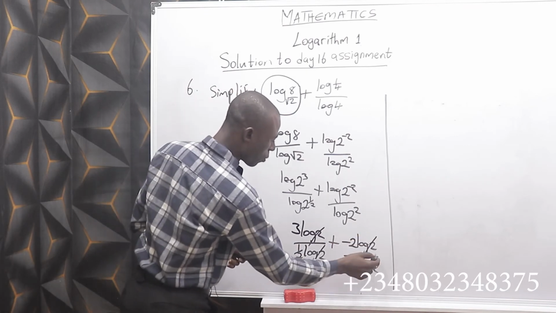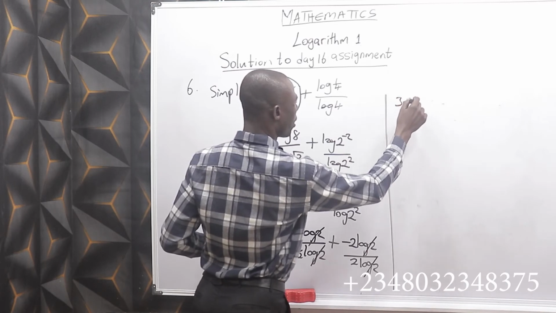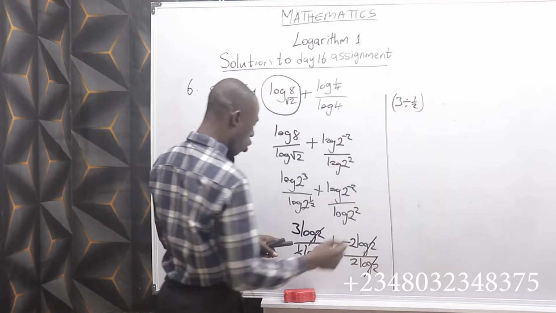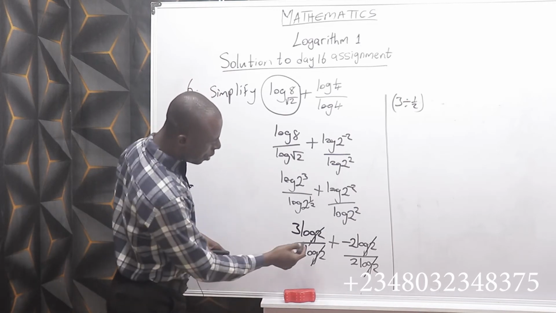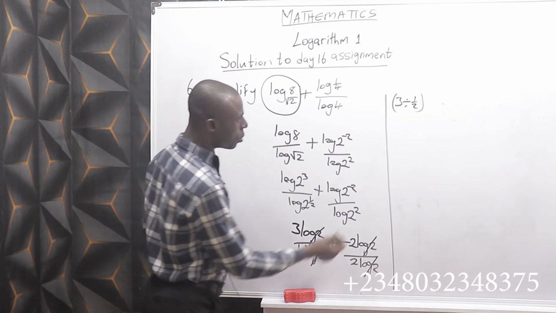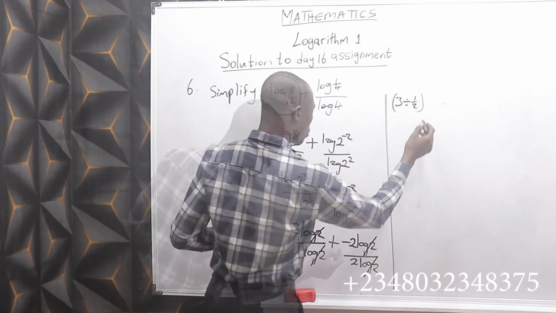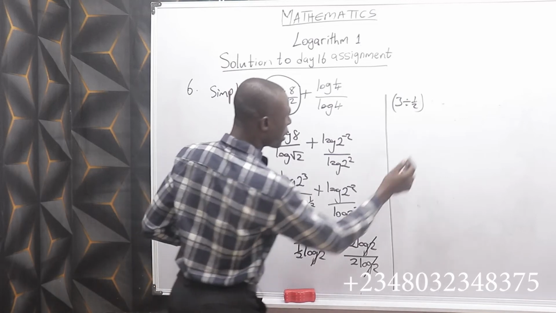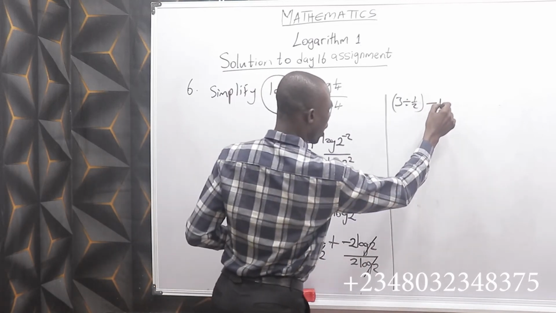Log 2 also takes care of log 2 here. So here we have 3 divided by half. I hope you understand what I've done there. 3 divided by half. This division line is also interpreted in this symbol. So plus times minus here is minus. 2 divided by 2 is 1.